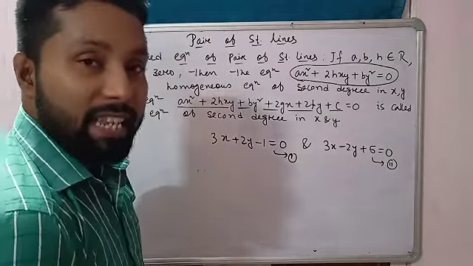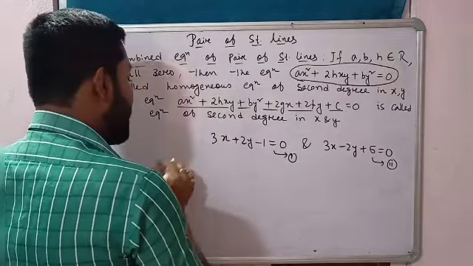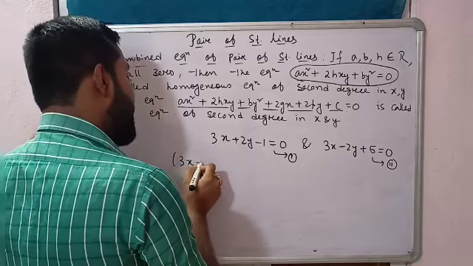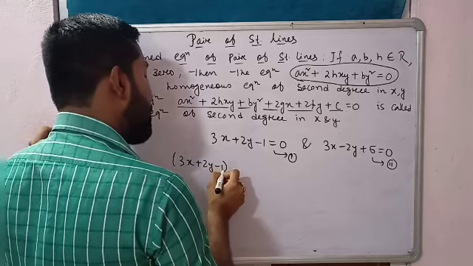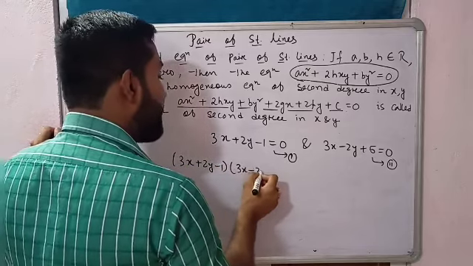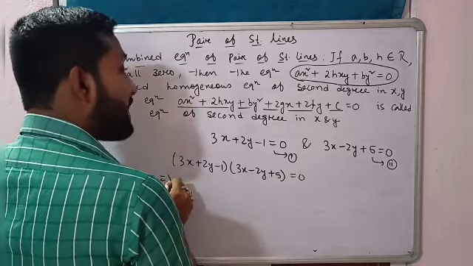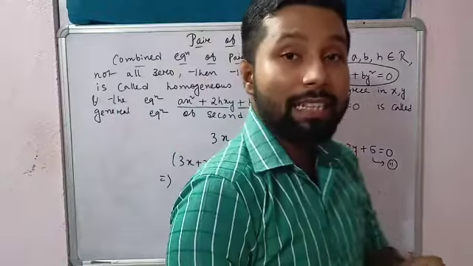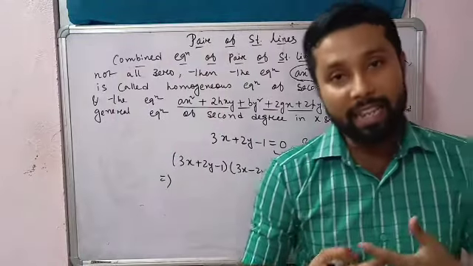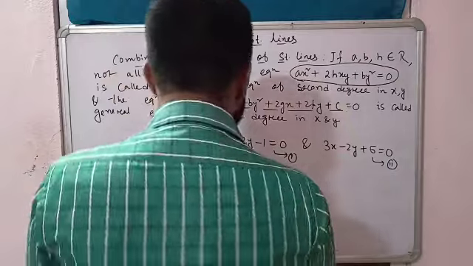Now if I combine these two equations, then see what will happen. 3x plus 2y minus 1 whole into 3x minus 2y plus 5, this is equal to 0, right? कंबाइन तो करना ही पड़ेगा बिकॉज पेयर ऑफ स्ट्रेट लाइन्स तभी मिलेगा जब हम लोग दो लीनियर इक्वेशन को कंबाइन करेंगे. Alright, so now expand it.